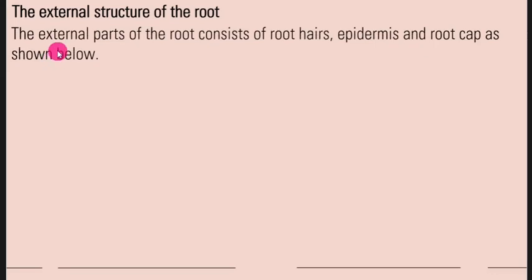All right, so what we are saying here is that the external parts of the root consist of root hairs, epidermis, and root cap, as shown below.